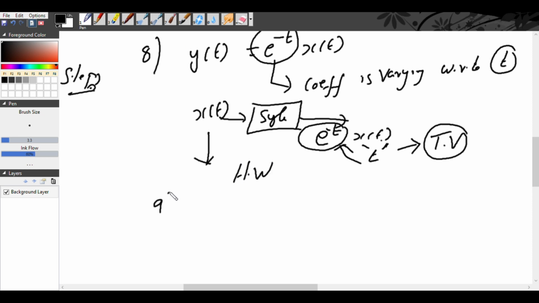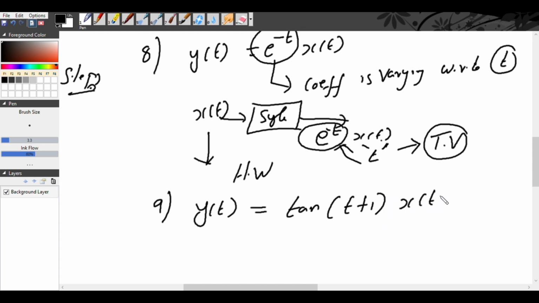Now, the ninth example. y of t is equal to tan of t plus 1 into x of t. Again, this is the coefficient. By the system's nature, whatever input x of t you give, it will be multiplied with tan of t plus 1.